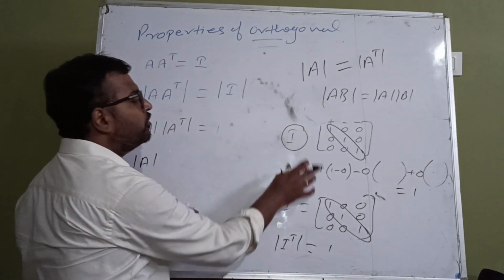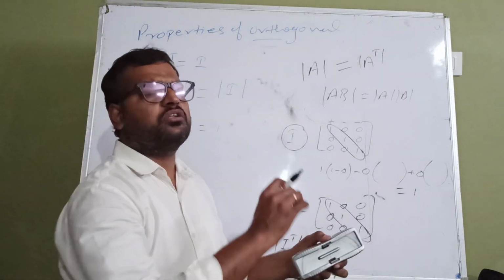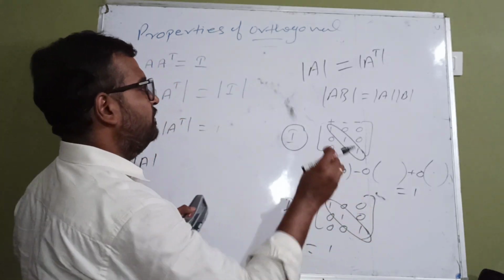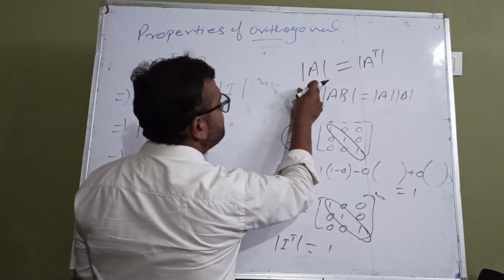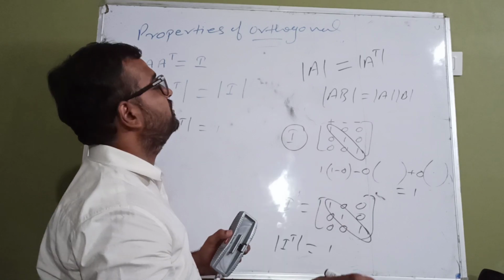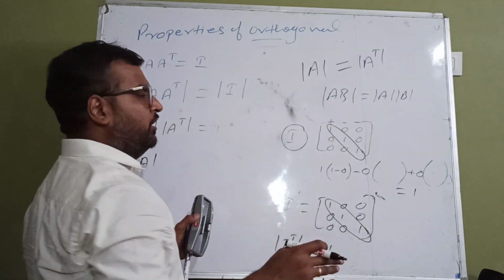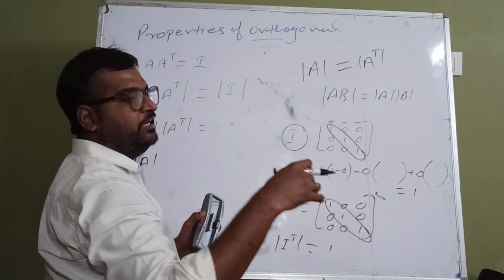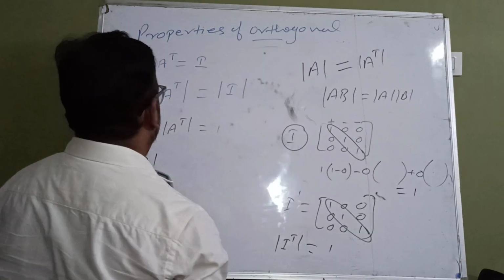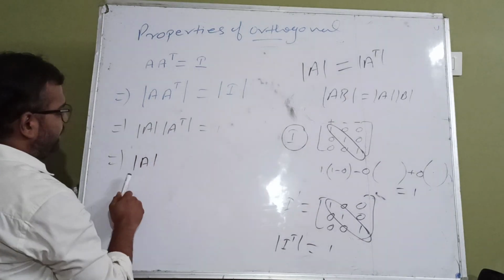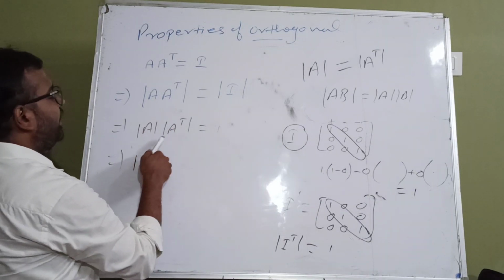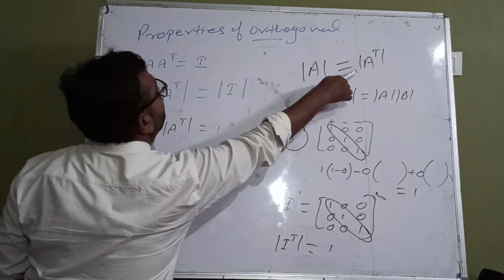So this is not only for the identity matrix, this is for every square matrix. If you find the determinant of a matrix and the determinant of its transpose, both will be the same. We will discuss all these points in detail when we discuss the determinant chapter. So now, the determinant of A and the determinant of A transpose are both the same.